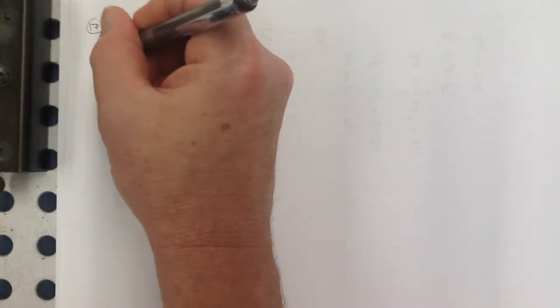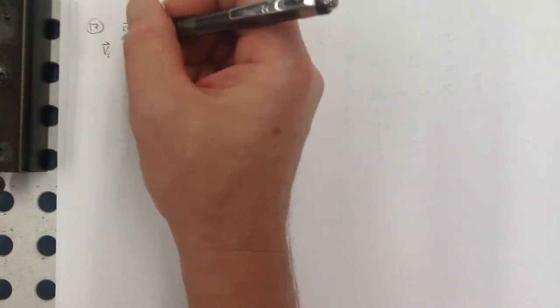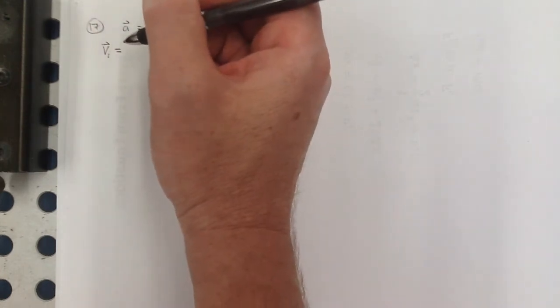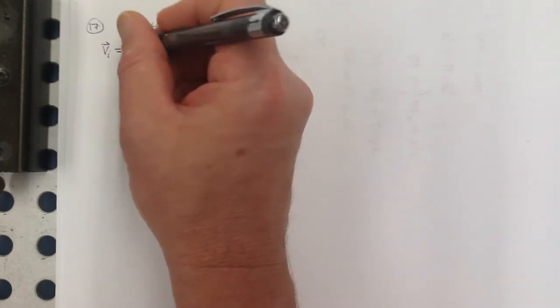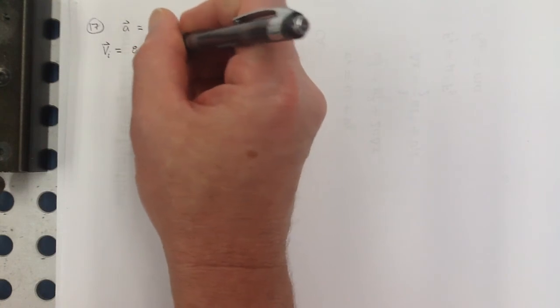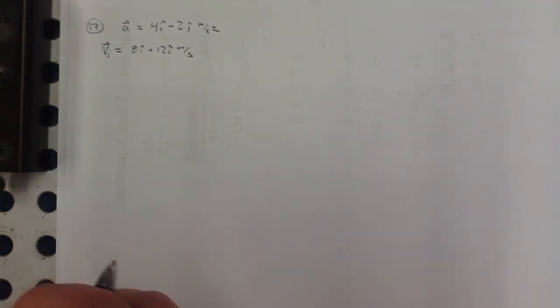And its initial velocity is 8i plus 12j meters per second. In unit vector notation, what is the velocity of the cart when it reaches its greatest y coordinate?